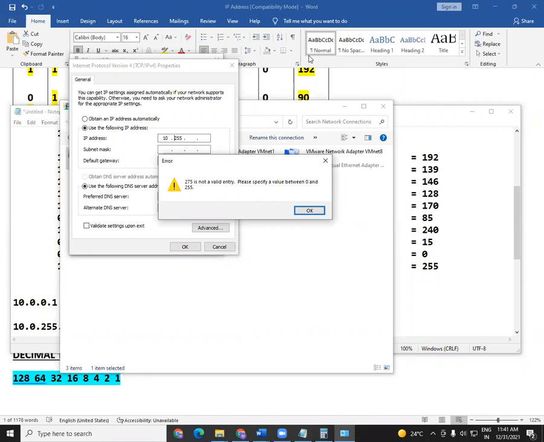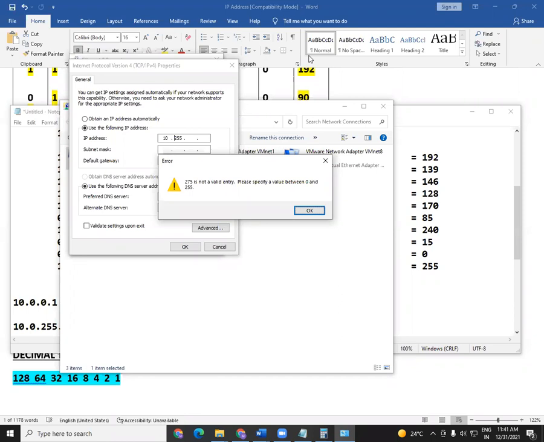That means IP version 4 is totally 32 bits. 32 bits are divided into 4 octets, and each octet contains totally 8 binary bits. So if you convert these bits into decimal, then the least decimal value you can use is 0 and the last decimal value we can use is 255.